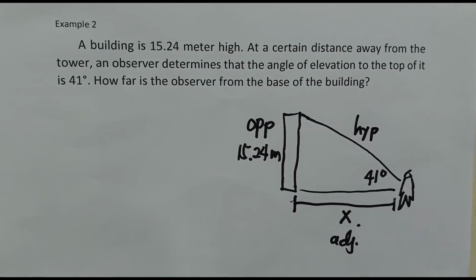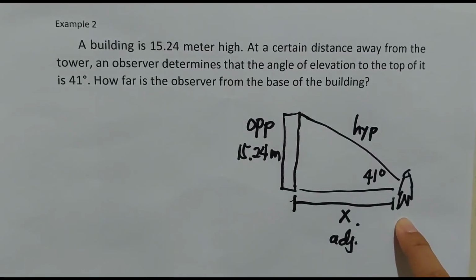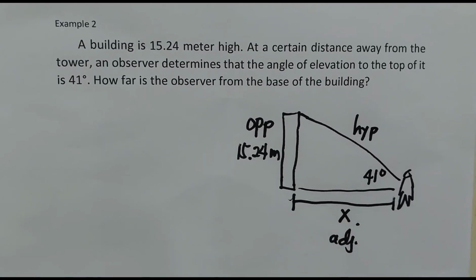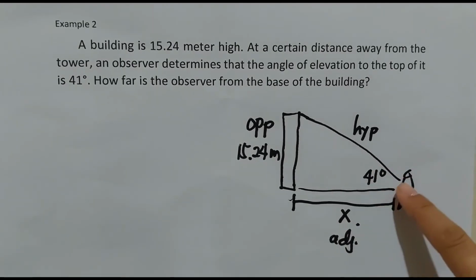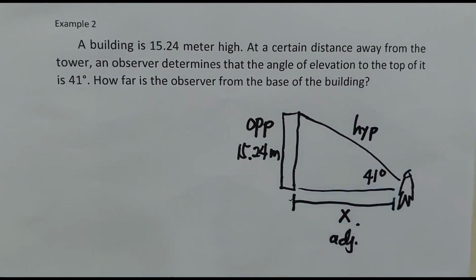Now, based on the given, what trigonometric ratio are we going to use in order to solve the distance from the observer to the base of the building? Again, this represents the angle of elevation, looking at the top of the building.